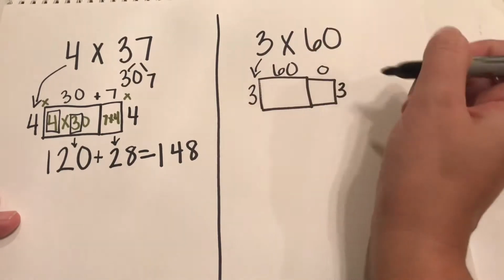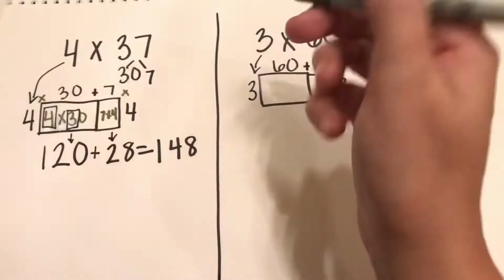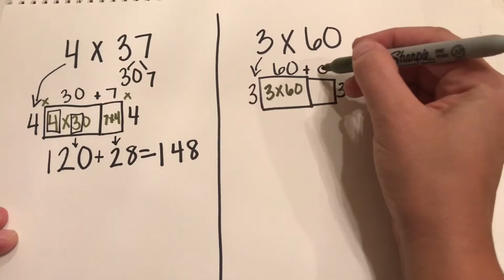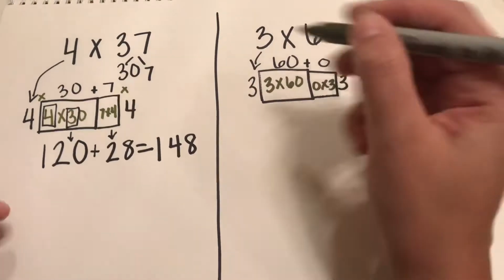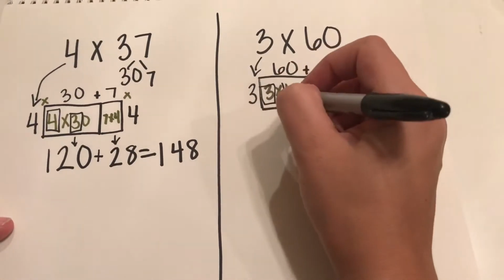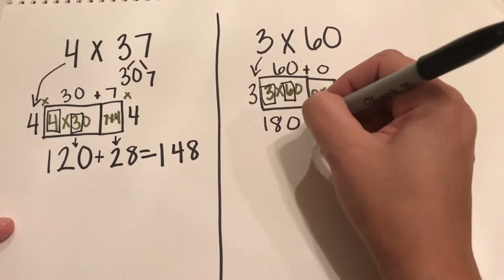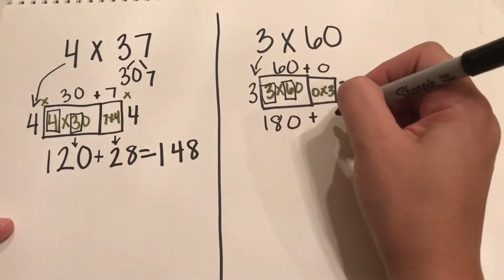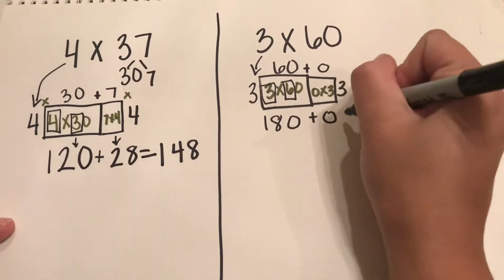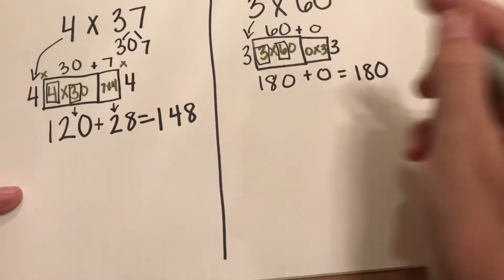Because we know our rectangles, we know that each side is the same. 3 times 60 gives us the equation for this area, and 0 times 3 gives us the equation for that area. 3 times 6 we already know is 18, and we bring down that 0, put it in the ones place. 0 times 3 is 0 because anything times 0 is 0. 180 plus 0 gives us 180.